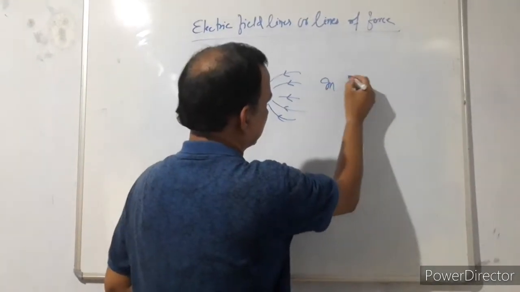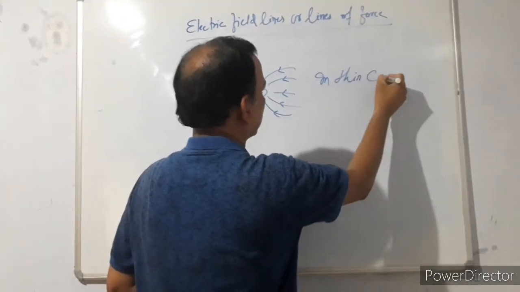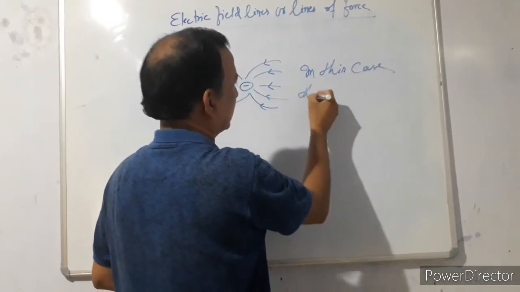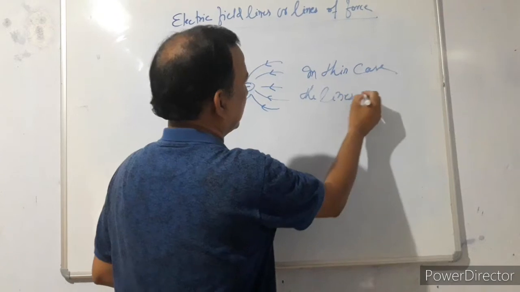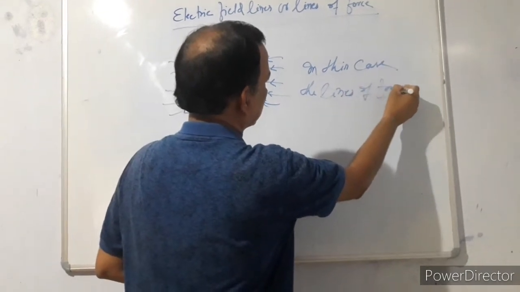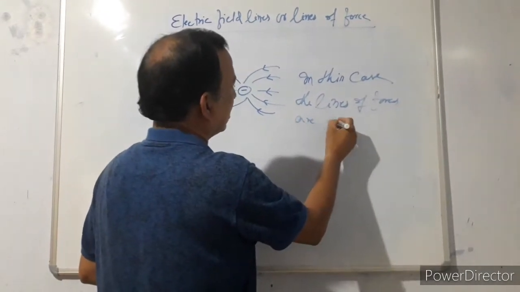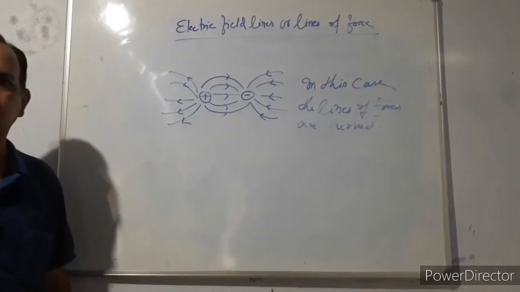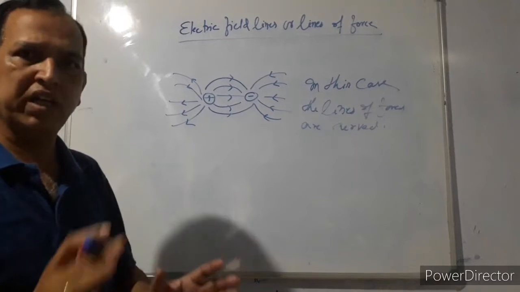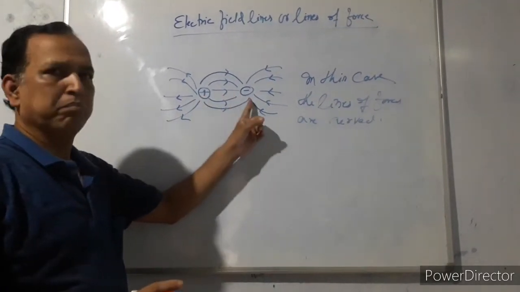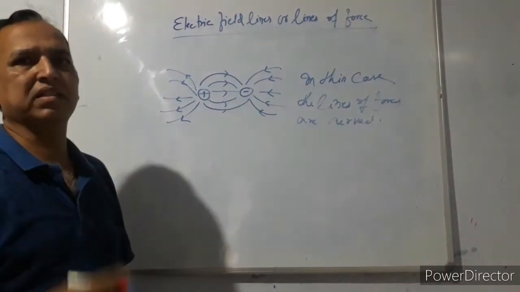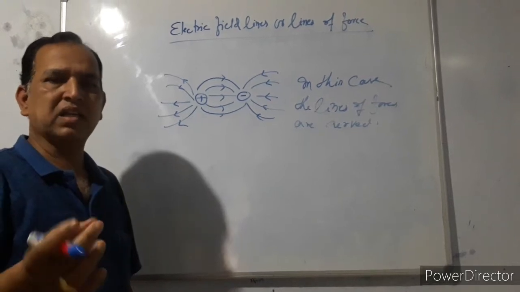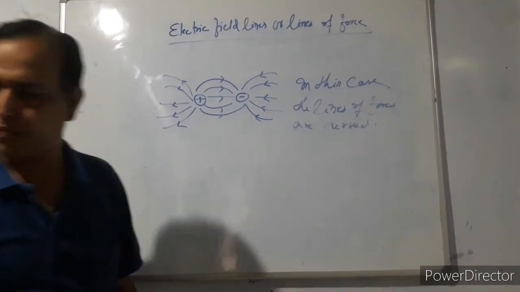In this case, the lines of force are curved. So from this we see plus minus means two unlike charges, and two unlike charges attract each other.